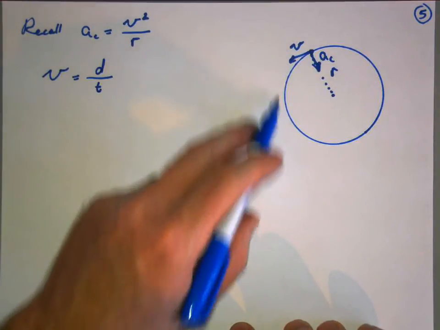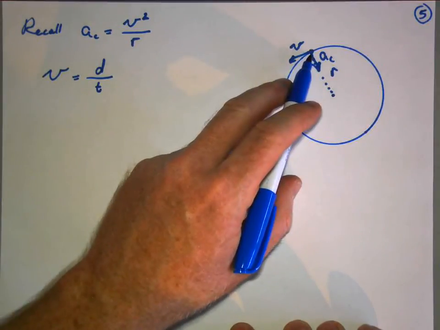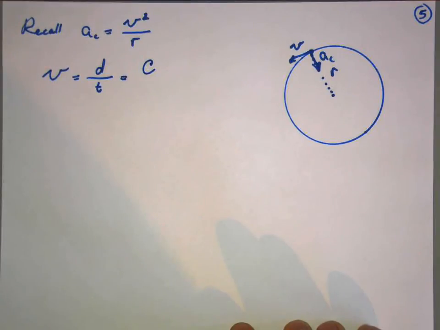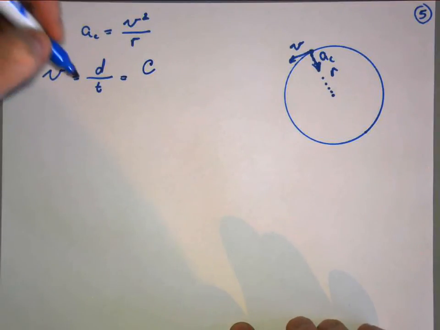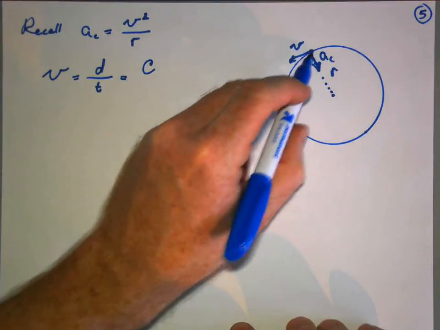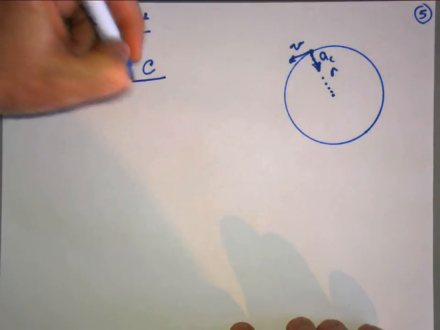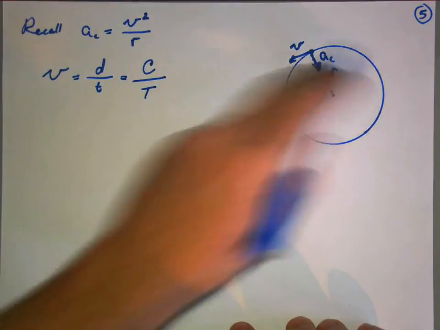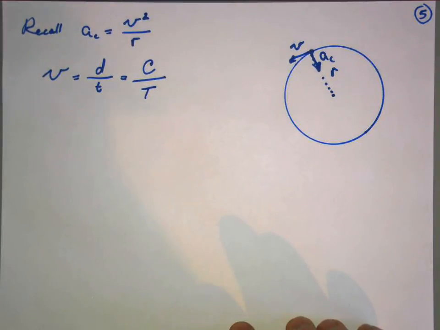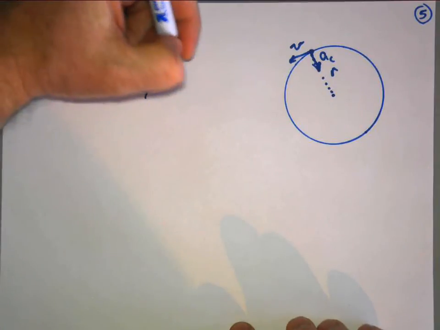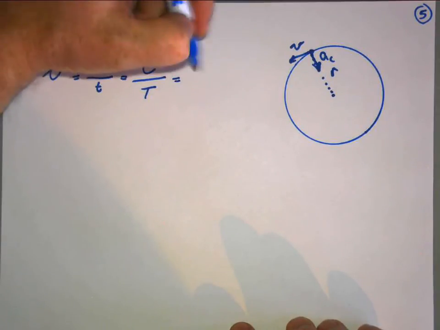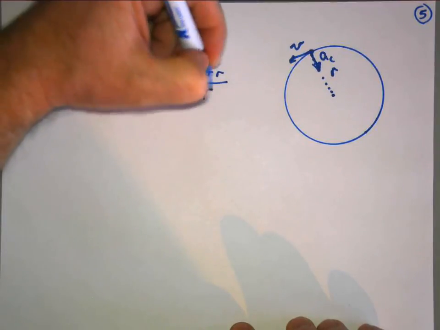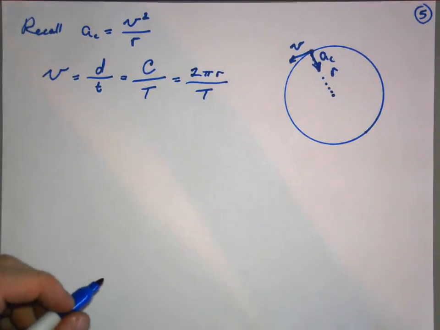So the distance traveled in one orbit sure looks like the circumference of a circle, capital C for circumference. And the time that it takes to make one complete orbit, well, the time we call the period for one orbit. It's the orbital period, right? But we can look at circumference one more time, because we can say a circumference of a circle is equal to 2 times pi times the radius of the circle. And there we have something.